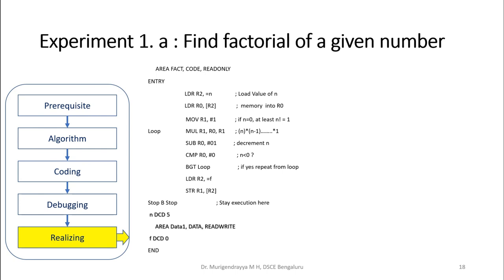With a slight modification in the program, we use the instruction LDR to load the address of n into R2. The R2 register is used as a pointer to the address of n. So what it will do is load the value of n from memory into register R0.